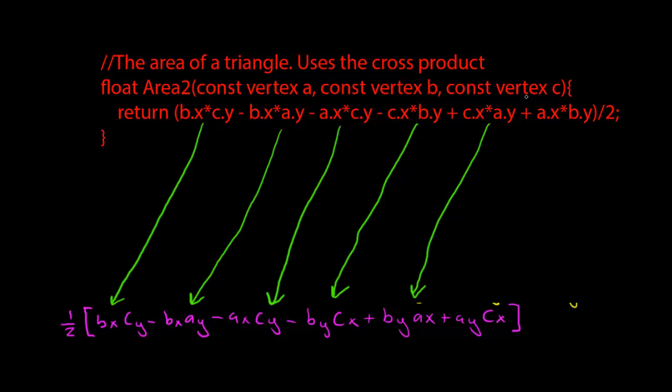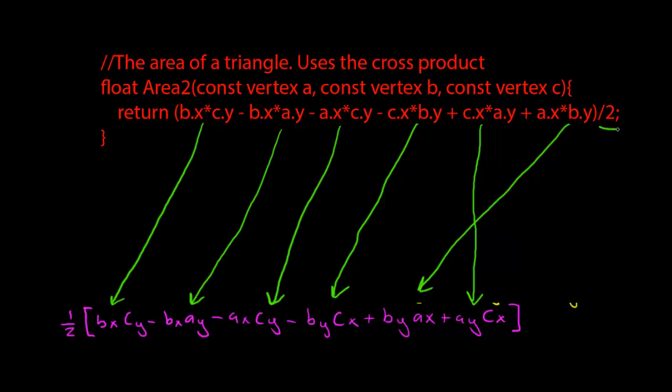Oops, those are backwards. Ignore that part. Sorry. Those are backwards. When I wrote it into my programming language, I got these backwards. So that should be AYCX and BYAX.